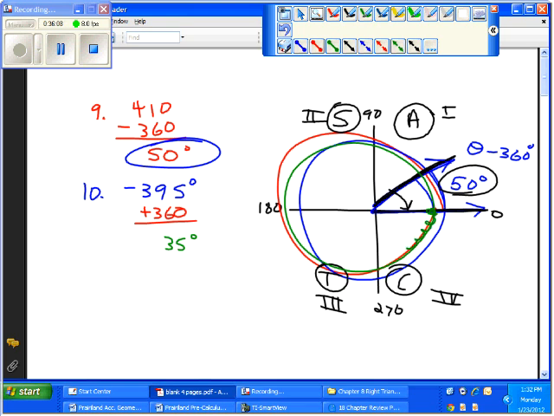So we've gone from here, 360, and it put us back to the axis, and then we went 35 more degrees past that axis. And so there's my terminal side.